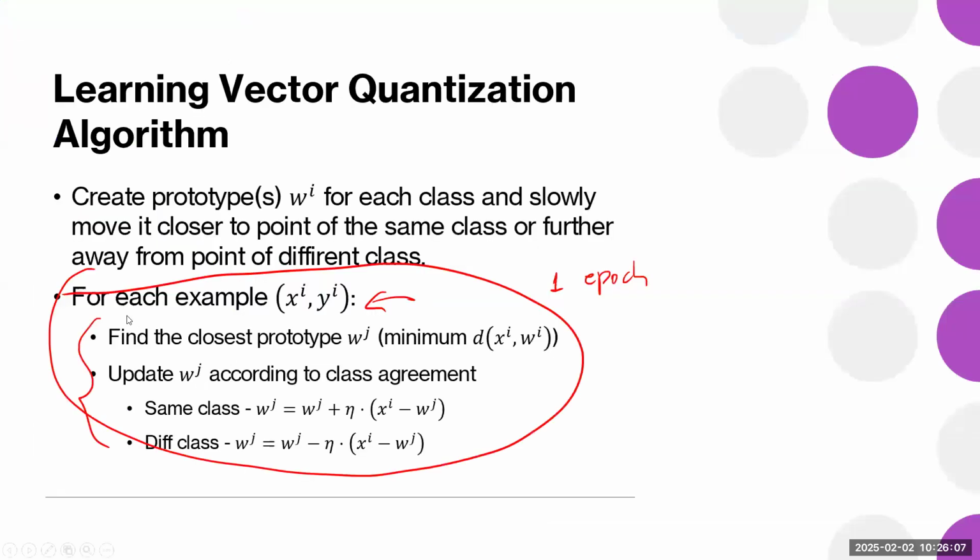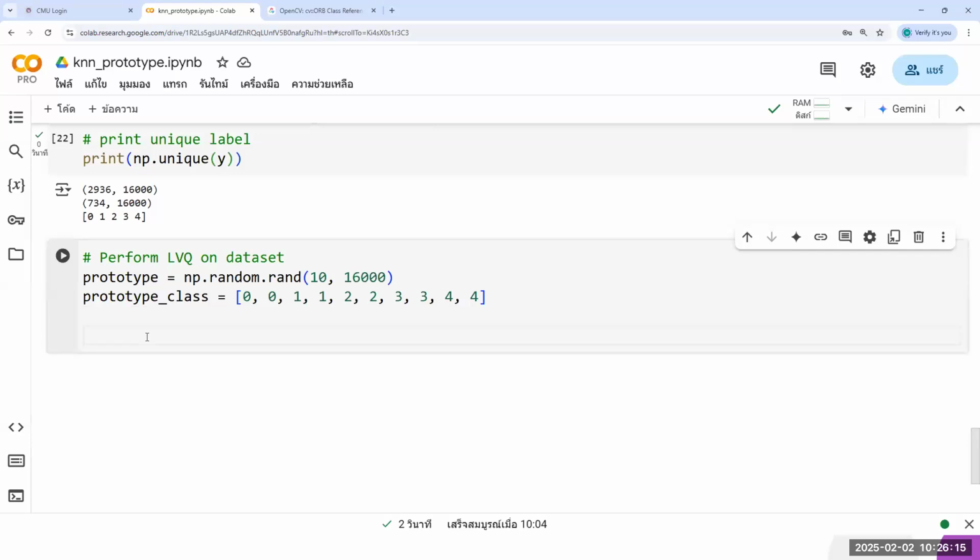And for each example, I have to find the closest prototype to the point. So I want to create a function that will return the index of the prototype that is the closest. I will create a function, find closest prototype, and I would have x and prototype. So we have the data x, and then we have the prototypes, which is going to be this parameter.